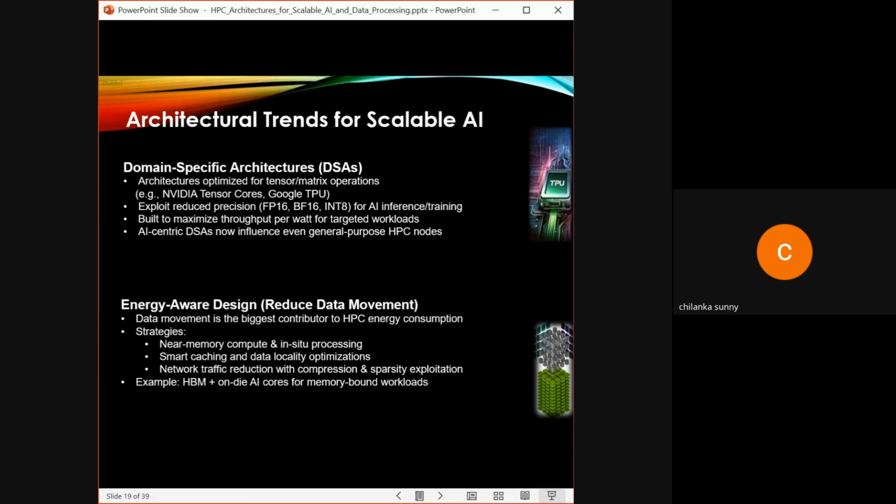Examples are HBM processing-in-memory or PIM, smart NICs that perform reductions, and DMA engines that can prefetch and fuse the transfers. On the software side, we have compression, sparsity exploitation, and operator fusion, which reduce the bytes moved and the energy consumed.